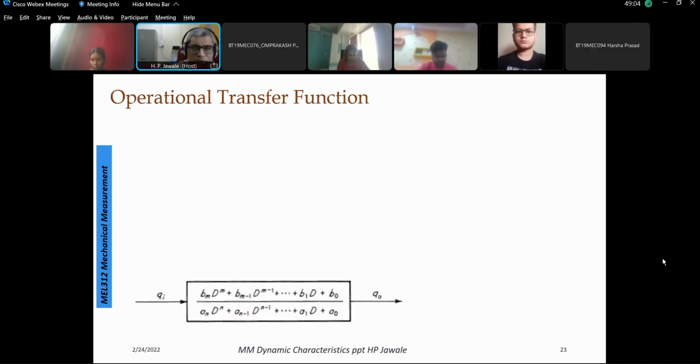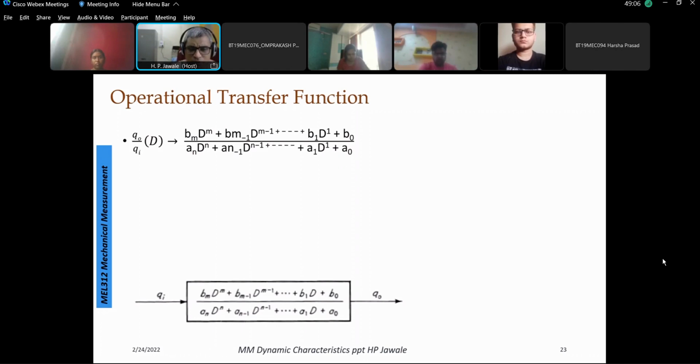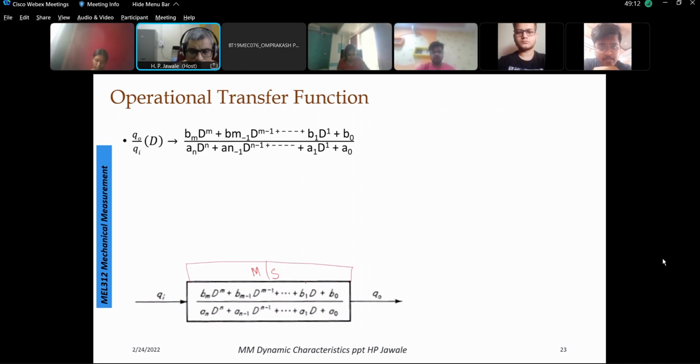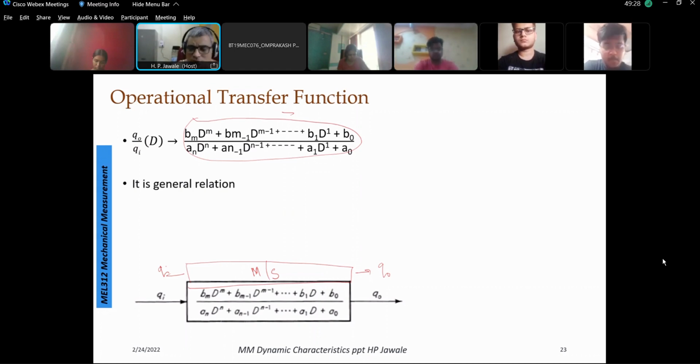Okay, so this is nothing but the transfer function. This is what I called in the earlier diagram a block diagram for a measurement system, where some input is given and we find the output of the measurement device. The transfer function is the functional relationship between input and output.